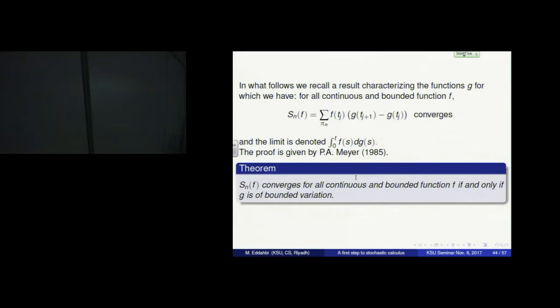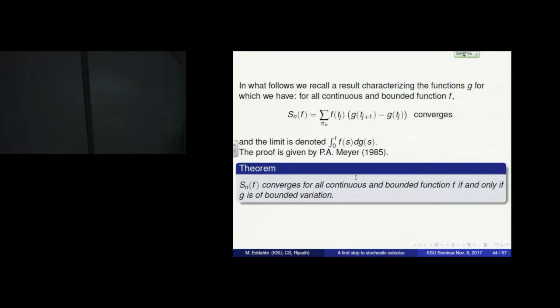Now, to understand that there is no possibility to define the stochastic integral using the Stieltjes integral, we use this very nice theorem. There is this characterization: the summation Sn I define here as a Riemann sum converges for all continuous bounded functions f.